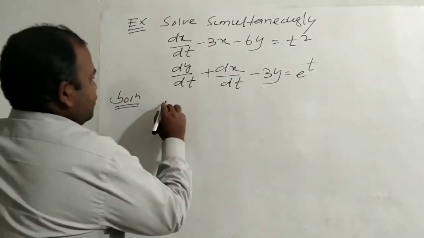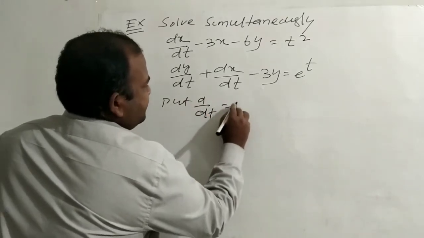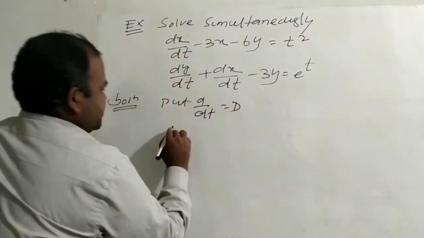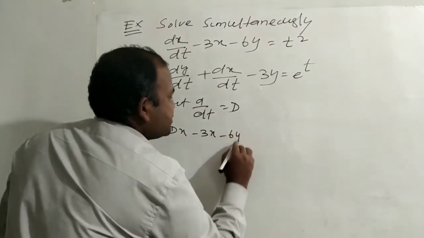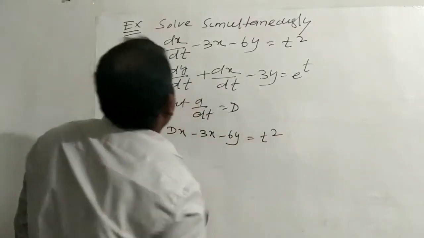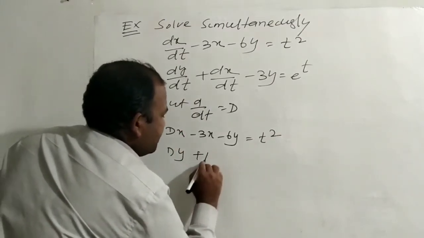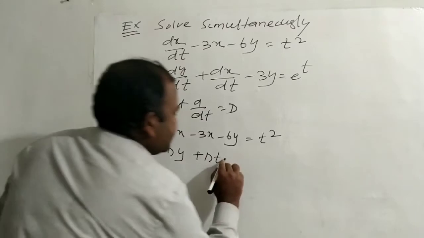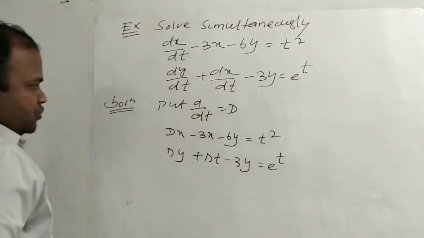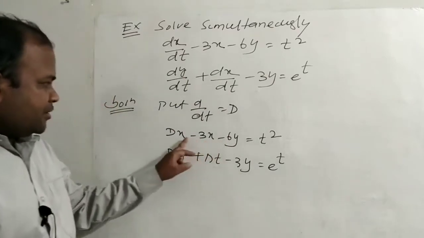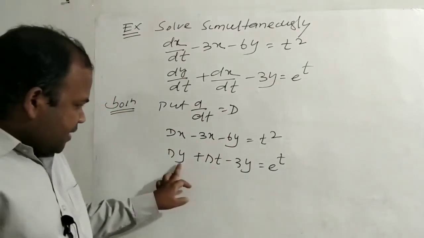Now put d by dt equals D. So this is Dx minus 3x minus 6y equals t square, and this is Dy plus Dx minus 3y equals e raised to t. Just see which will be common: here x will be common and here y will be common.